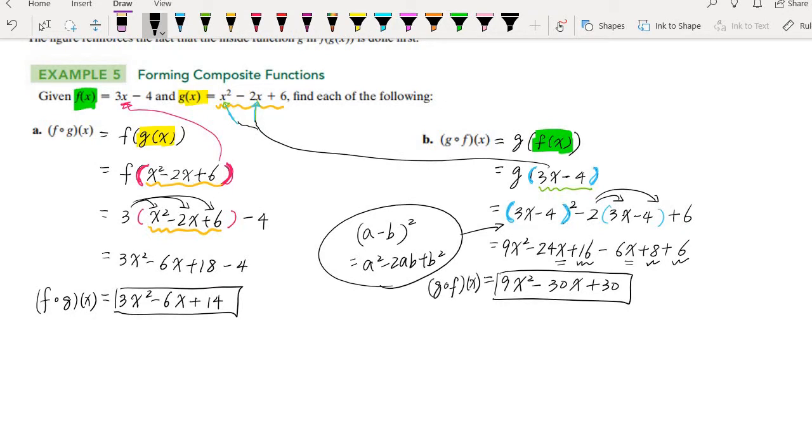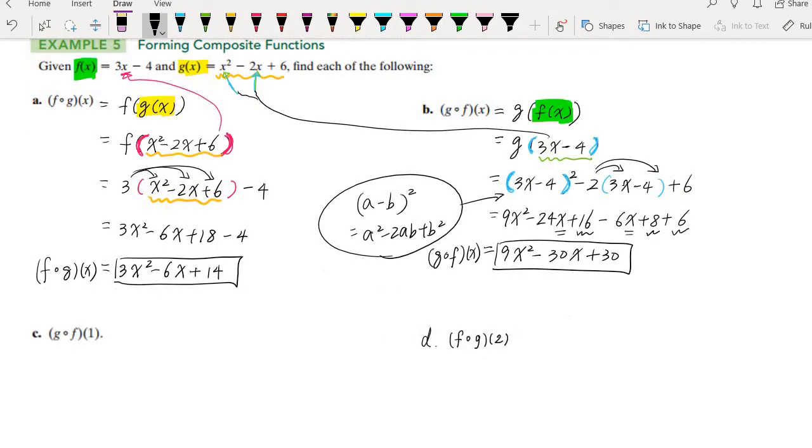Alright, so that finishes part B. Let's look at part C, g of f of 1. From part B, we already found this solution right here: g of f of x equals 9x squared minus 30x plus 30. So if we're looking for g of f of 1, all you have to do is plug 1 in for x.